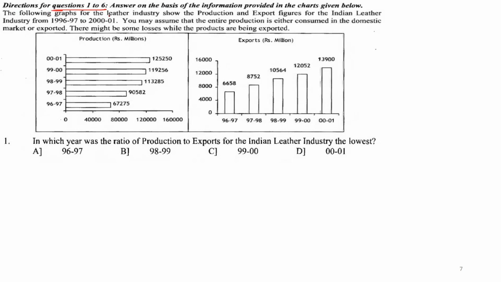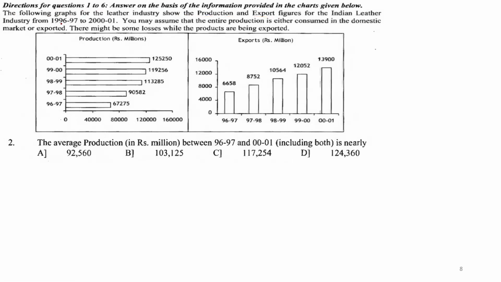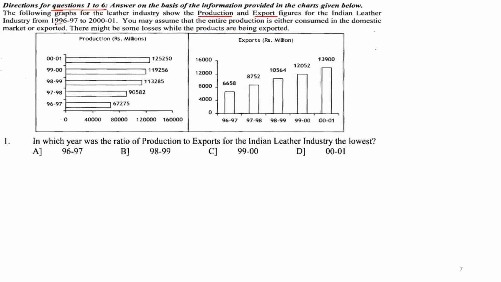The following graphs show the production and the export figures for the Indian industry from 96-97 to 2000-2001. You may assume that the entire production is either consumed or exported.